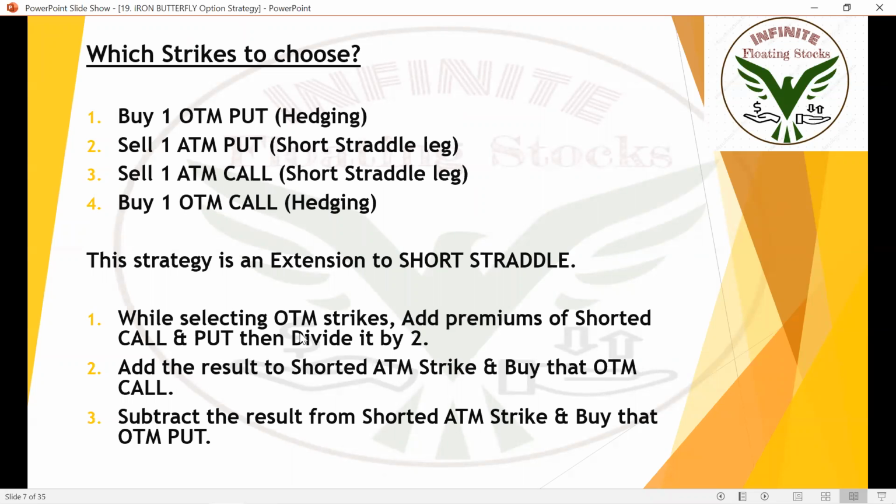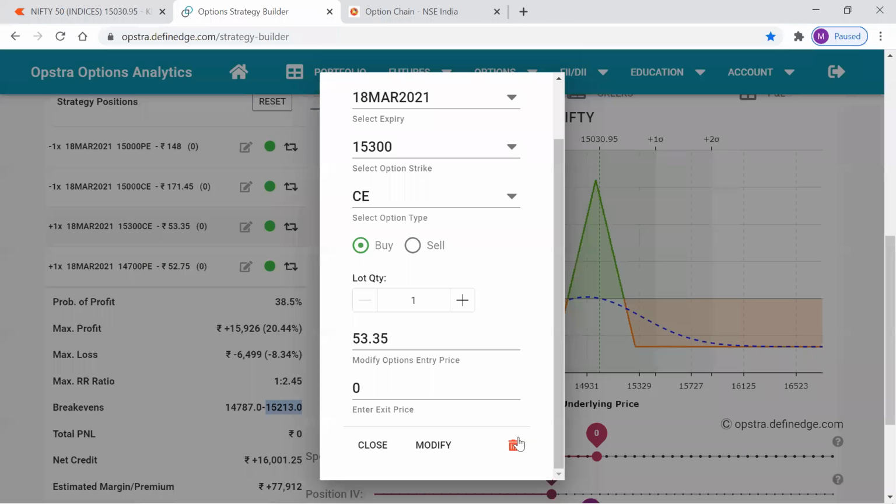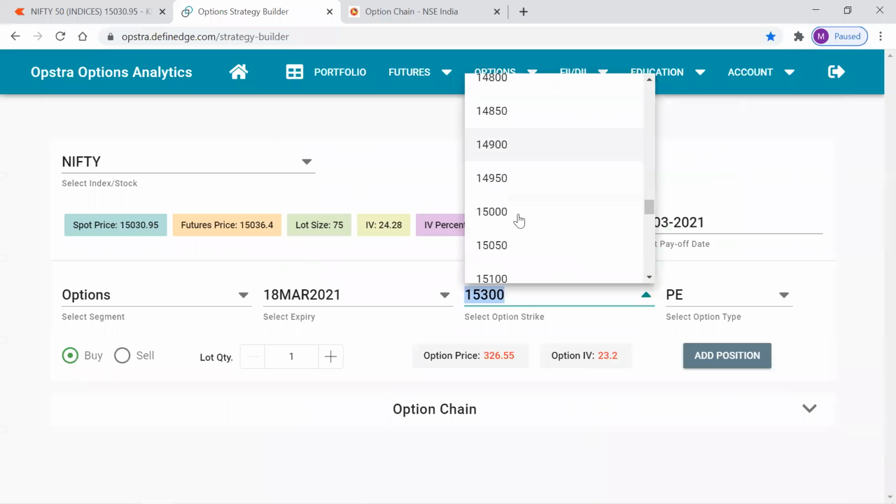Another way to select the out of the money put and out of the money call to hedge is to add the premiums of the shorted call and shorted put, then divide by 2. I'll show you that also. Let me delete this. All right, let me do it from the first. 15,000.